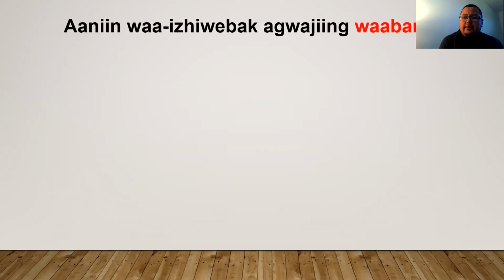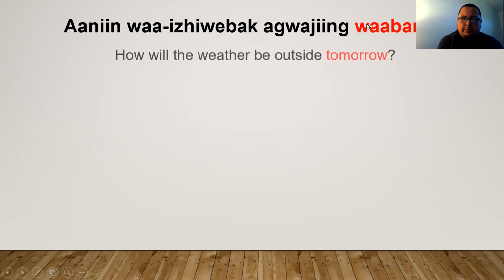So getting on with our last set of 5 words in conversation, how to respond to someone asking, Aaniin wa ezhiwebak agwajiing wabang. Okay, here's our wa. Talking future tense. Wabang, tomorrow.